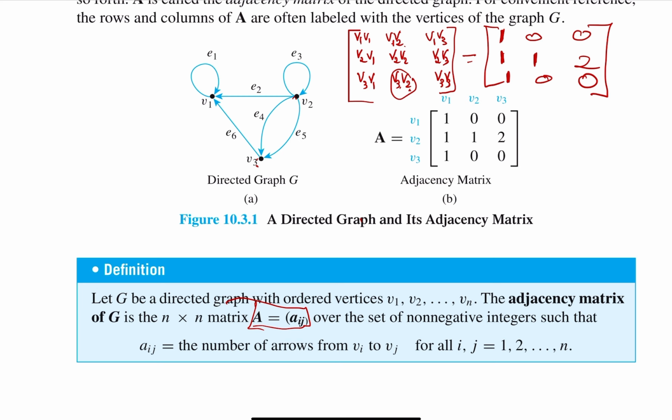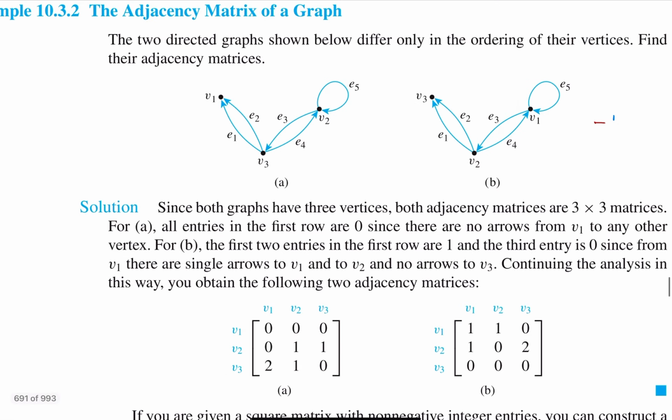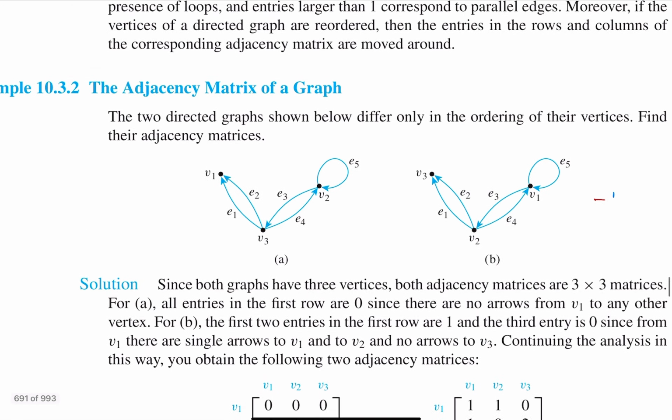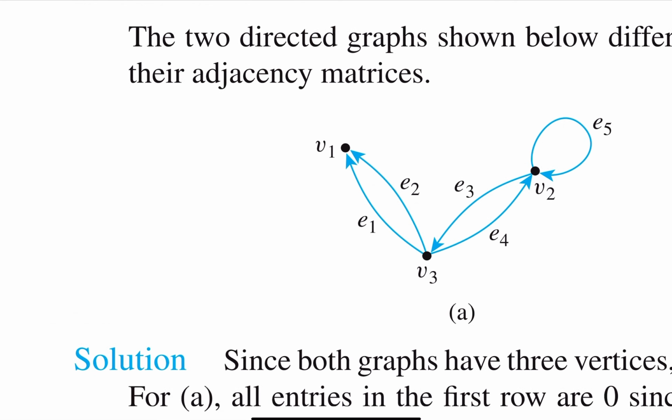Okay, let's do some more practice here. Let's check this one. So here we have one of them here. If you have to convert the directed graph to an adjacency matrix, we can do just as I told you.